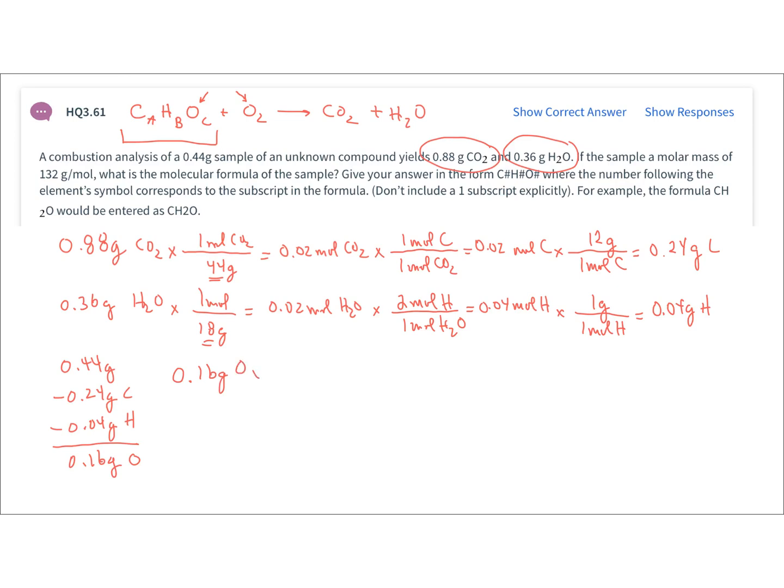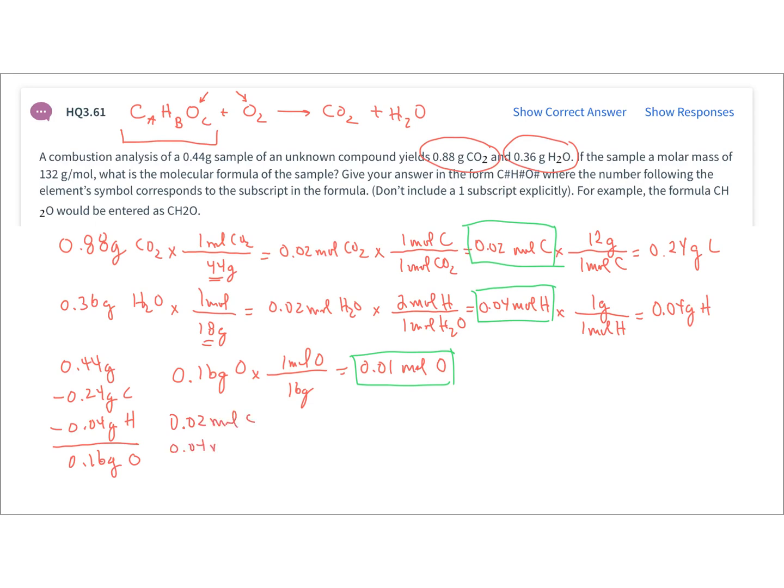I need to go through the same process. For every 1 mole of oxygen, I need 16 grams, so I have 0.01 moles of oxygen. Now I can find the mole ratio between carbon, hydrogen, and oxygen. I have 0.02 moles of carbon, 0.04 moles of hydrogen, and 0.01 moles of oxygen.